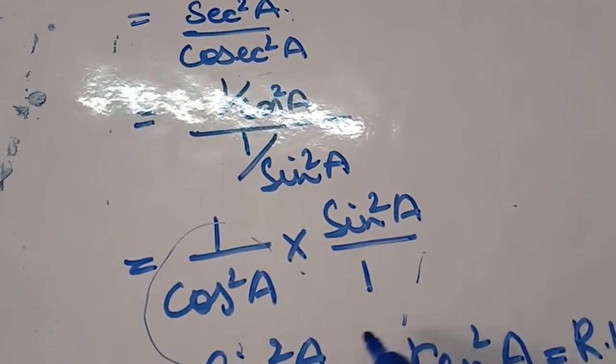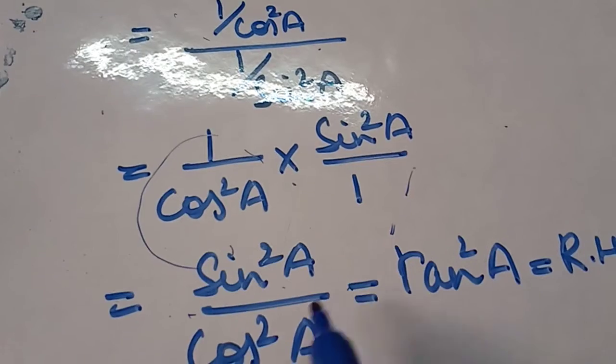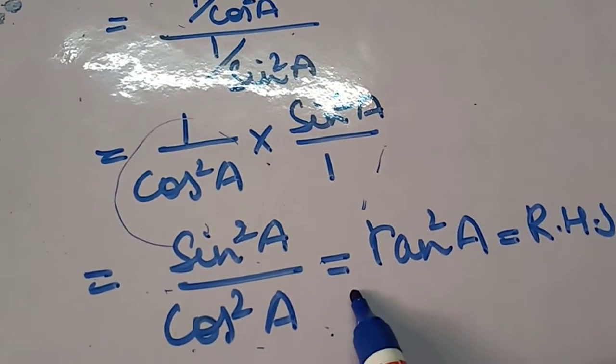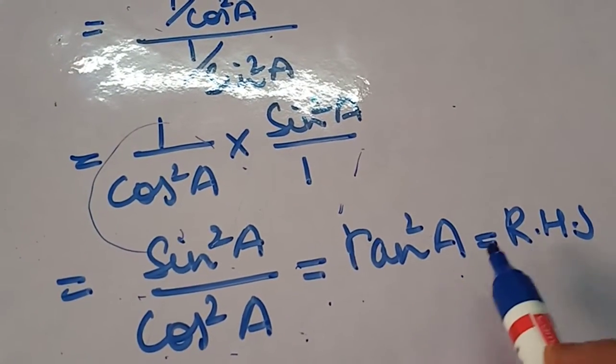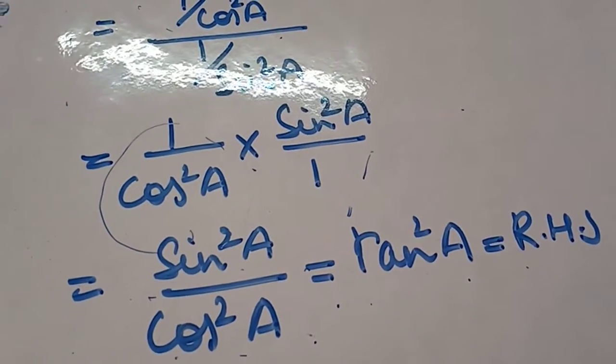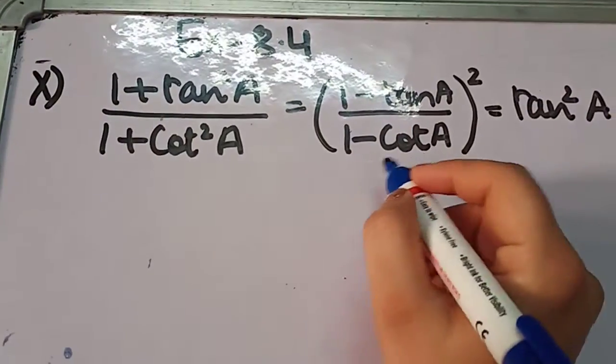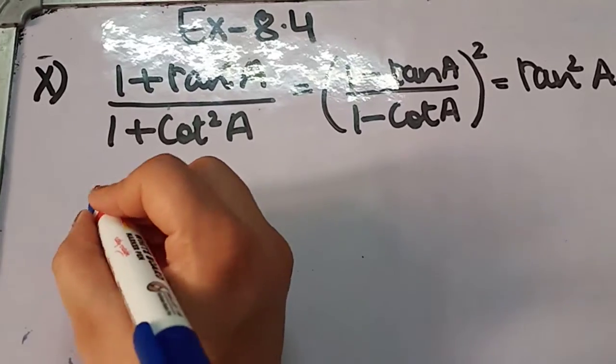Dividing this, it will become sine square A upon cos square A, which is equal to tan square A, equal to RHS.